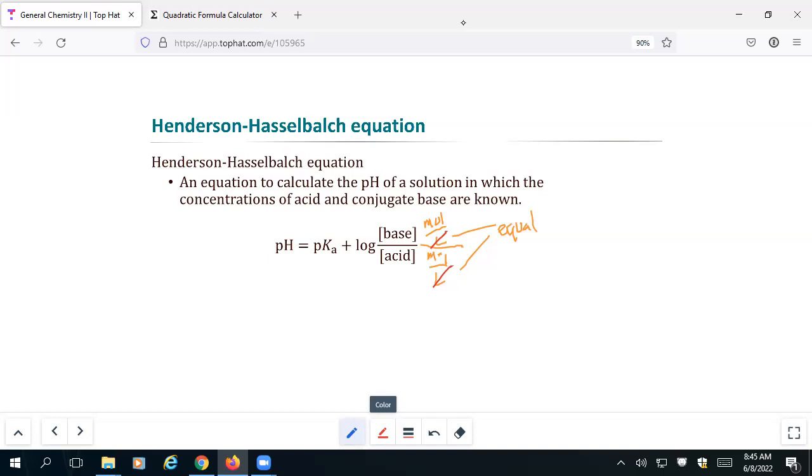Well, we can actually simplify it a little bit. If the liters are equal to each other, I just need to know the number of moles of each. I can just put the mole values in there because it is the same solution. So it is going to be equal in volume when they are combined.